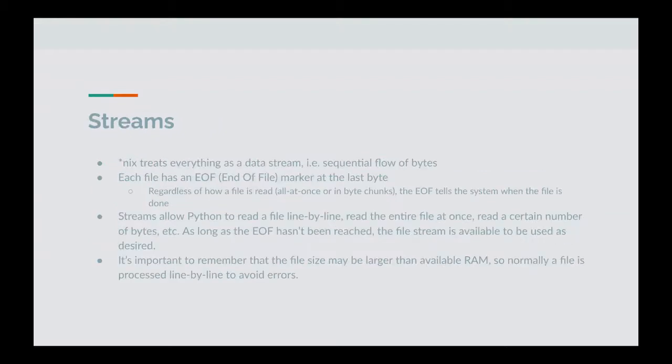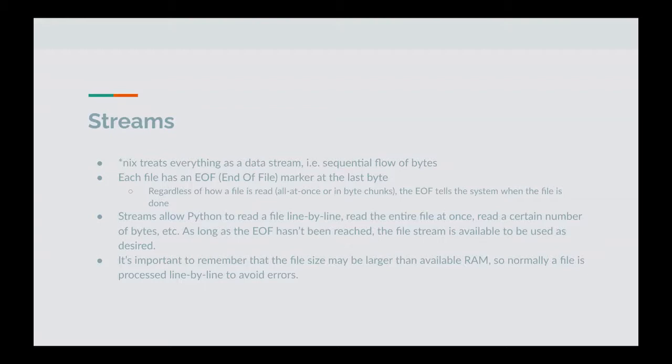Data streams. So in the Unix world, everything is a data stream. So files are not a discrete object. It is a structure of text strings or binary data streams. And so these streams can be used in a variety of ways.